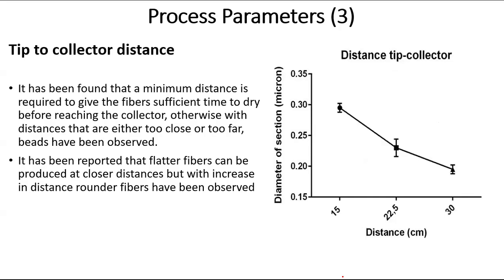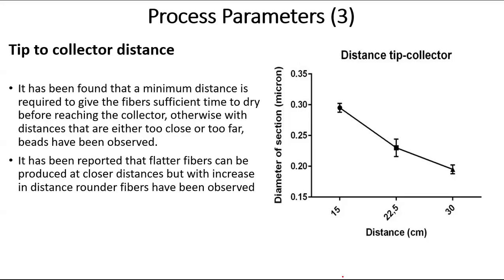And the tip to collector distance, it's obvious that if you allow more distance for the drawing operation, it will produce a comparably lower diameter fiber. It has been found that a minimal distance is required to give the fiber sufficient time to dry before reaching the collector.